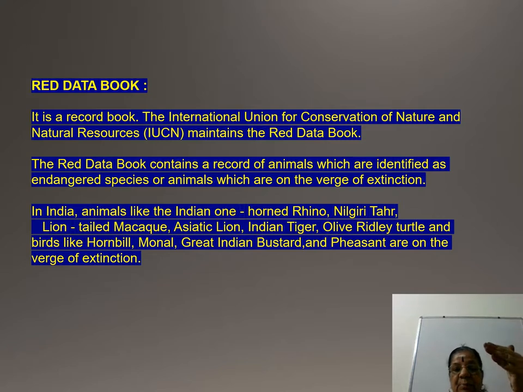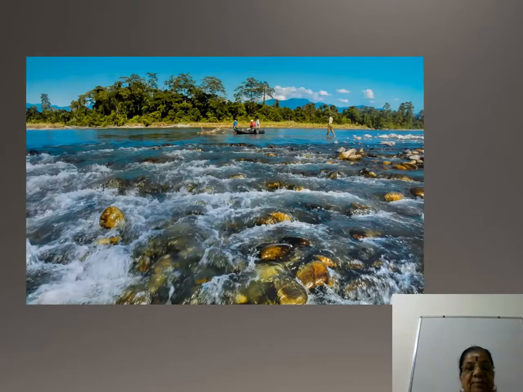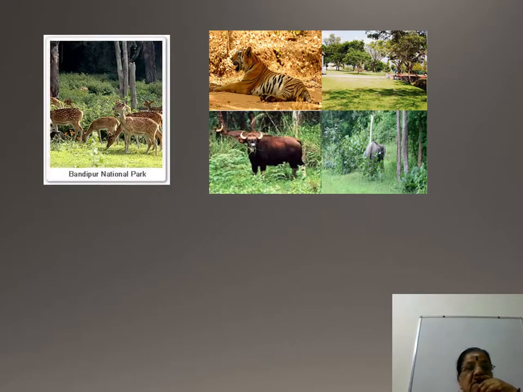In the animal examples, I have given more pictures in the next video session. This is only concept explanation. Right? This is an aquatic ecosystem. Just look, it looks like a flood, lots of water flowing, right? So this is an aquatic ecosystem. Okay, the next is again Bandipur National Park, with flora and fauna. These pictures are just examples I have inserted in this presentation.